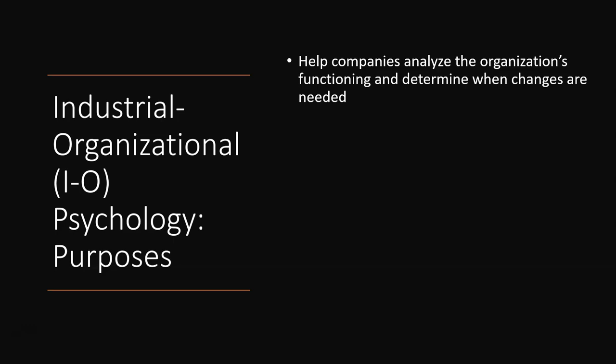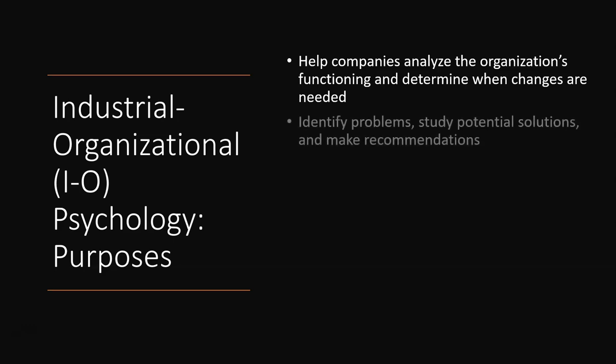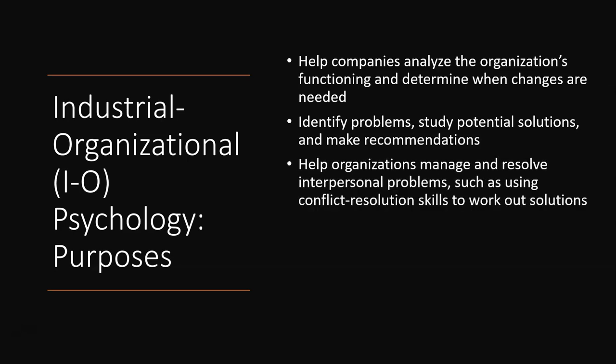So an IO psychologist may be brought in to do some assessment to determine what ways in which the organization is functioning are causing these negative outcomes. As a result, they're going to identify problems, look at potential solutions, and then make recommendations to the organization as a whole.